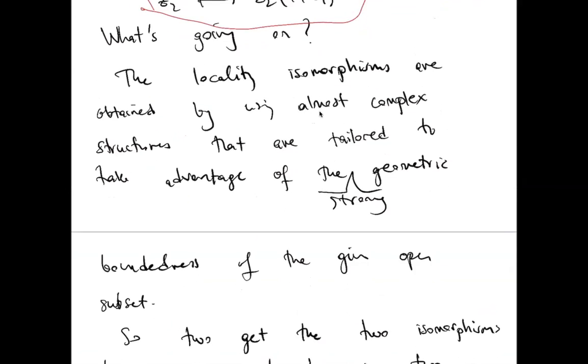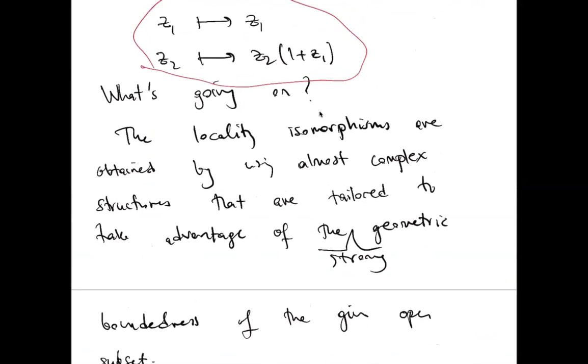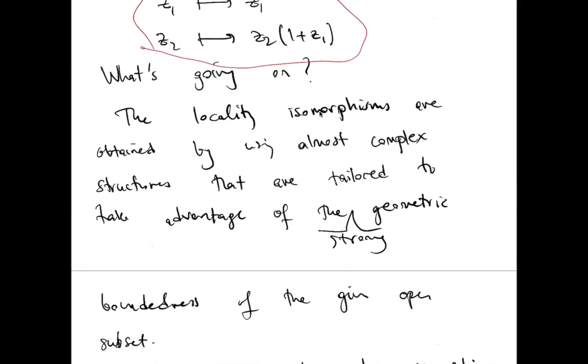So what's happening is that both of these locality isomorphisms rely on computing this invariant using two very special almost complex structures, both using the geometric boundedness of the given open subset. I have to choose J, and this is also similar to doing some kind of neck stretching.